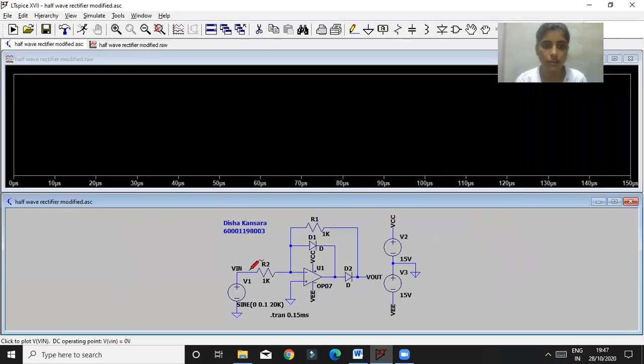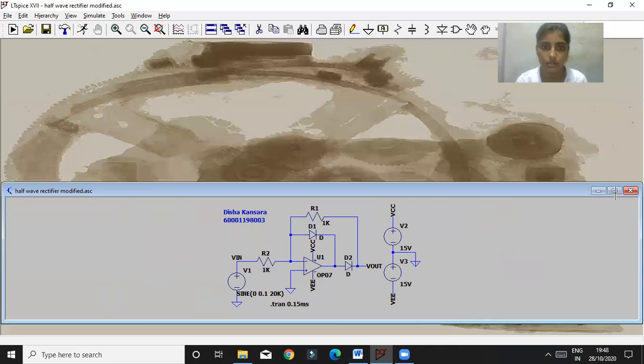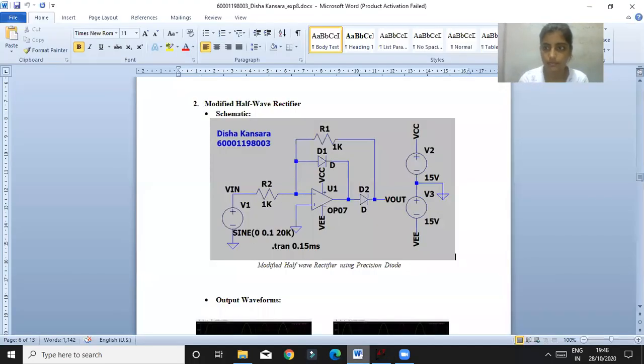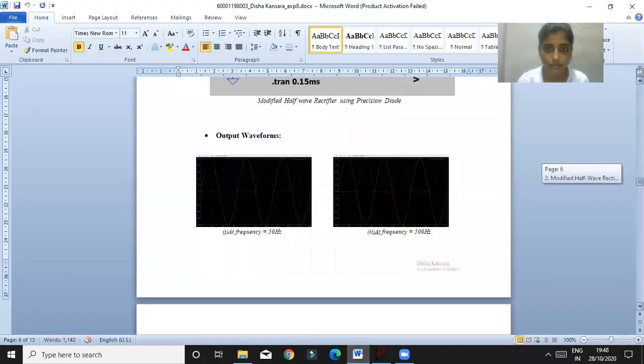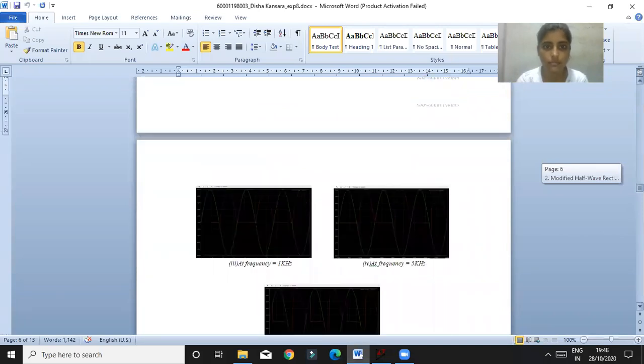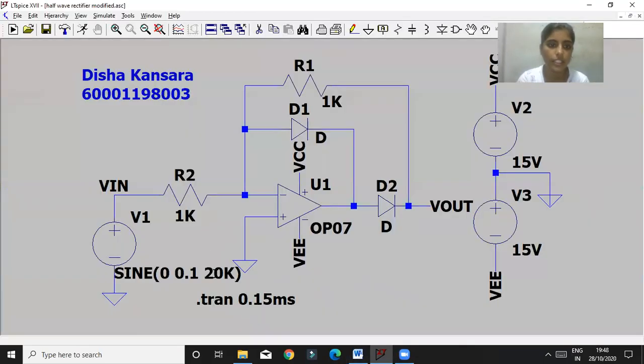So let's check the output first. First of all, let's check the output for 50 hertz.